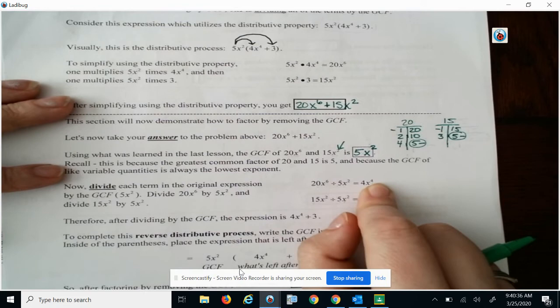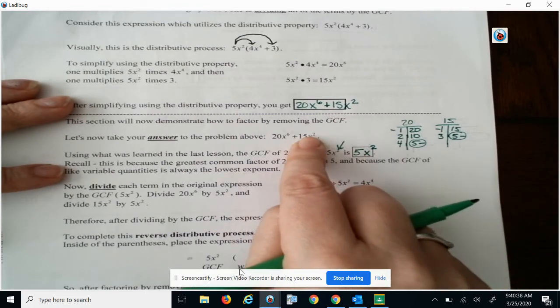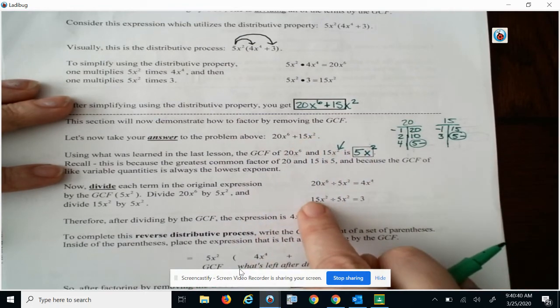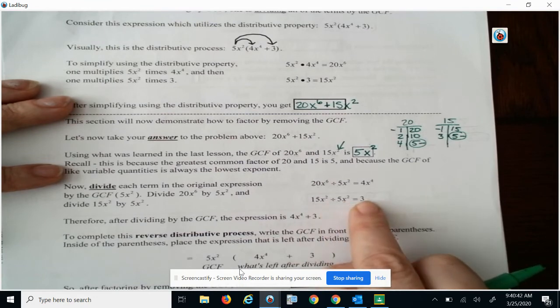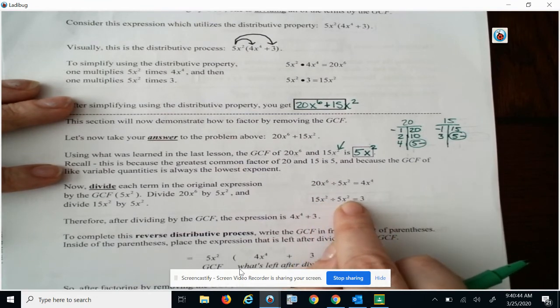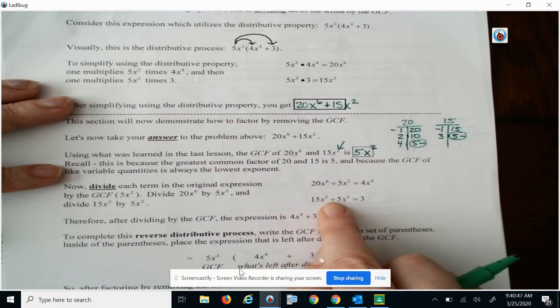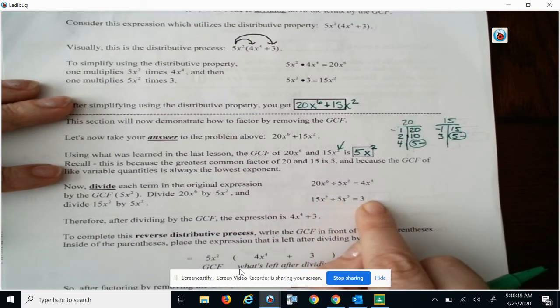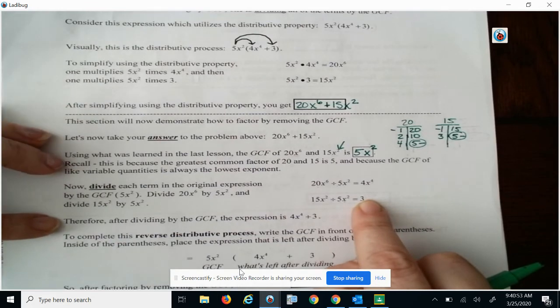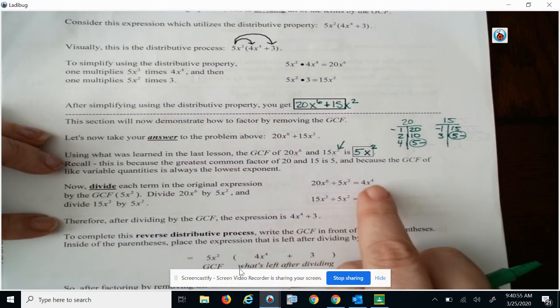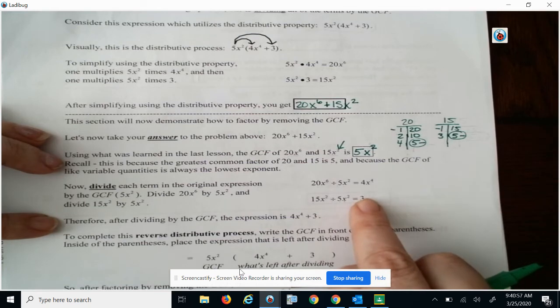And then we have to divide the GCF from our second term. So we divide 15 and 5 to get 3. Subtract our exponents on the variables. We do 2 minus 2 is 0, which means it just cancels, and we end up with a 3. And then when we divide, our answer is 4x to the 4th plus 3.